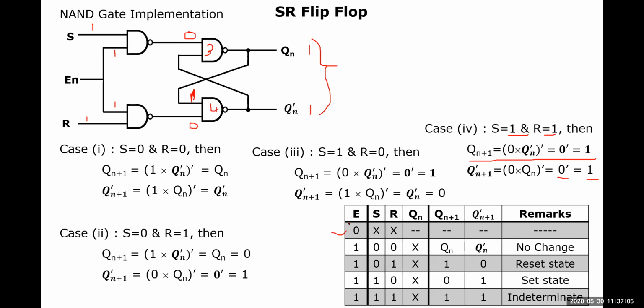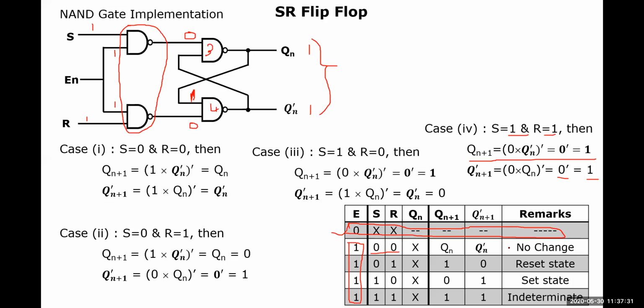You can observe this one. If enable is equal to 0, nothing happens. No operation will take place here. If enable is equal to 1, continuously 1, it means the circuit is working properly. Now the inputs 0, 0, 0, 1, 1, 0, 1, 1. If 0, 0 is supplied, in the SR latch 0, 0 would be the no change state. Because of these two gates, 0, 0 is converted into 1, 1.